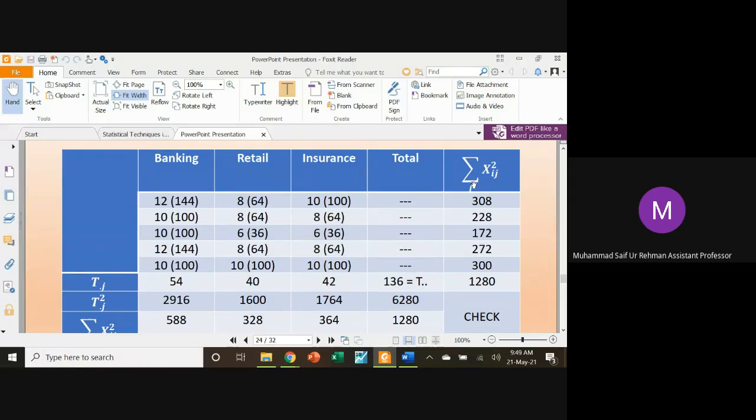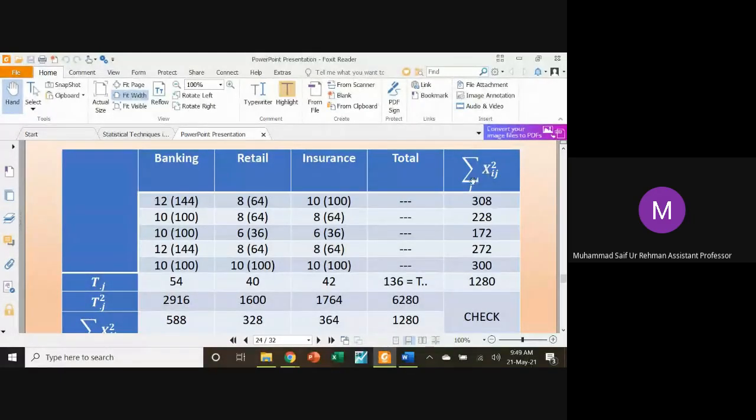And then you will write down over here summation over j of xij squared. This means you are going to add the columns. You are going to add the values in the columns, and the values are squared values. I mean 144 plus 64 plus 100, the answer is 308.